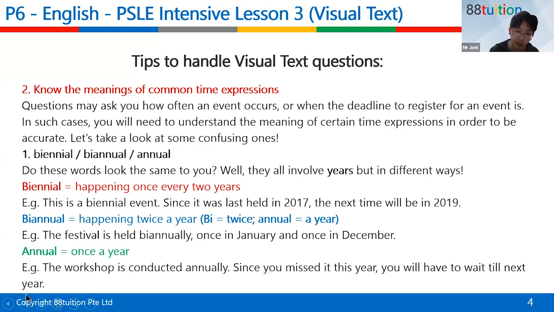So know the meanings of common time expressions because these are very common when they give you a poster about an event. So if they tell you something like they all involve years. So if you look at the word biennial over here, you might very likely confuse yourself with the word biannual. But there are two different words.